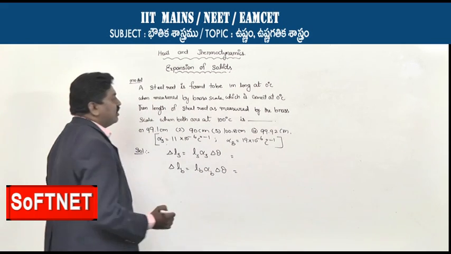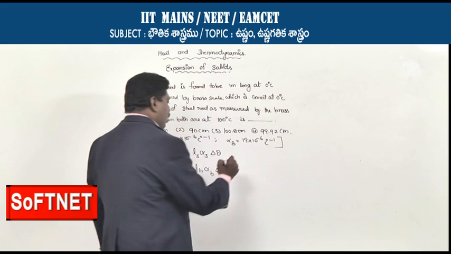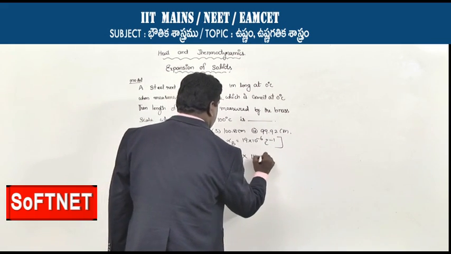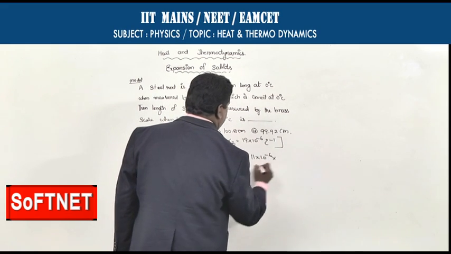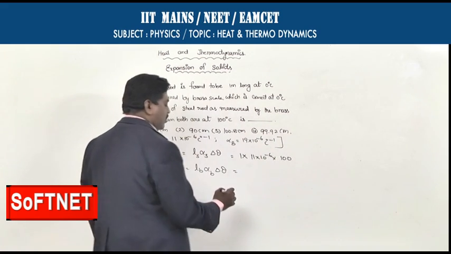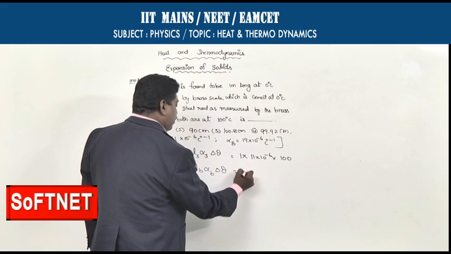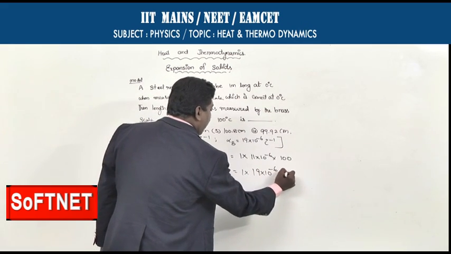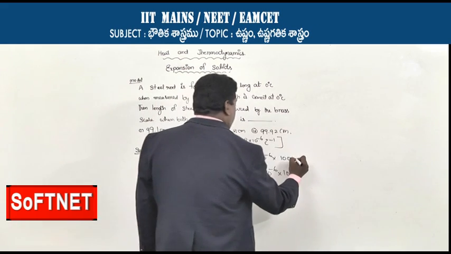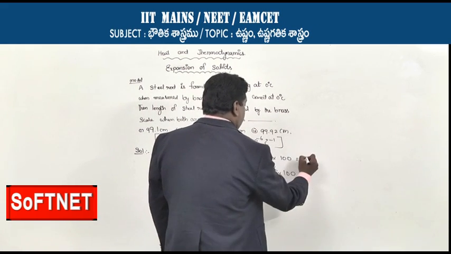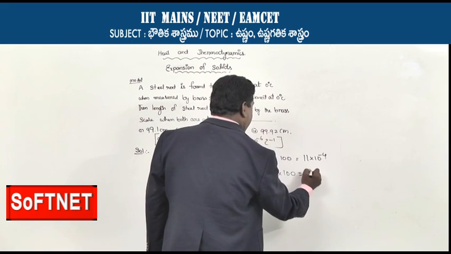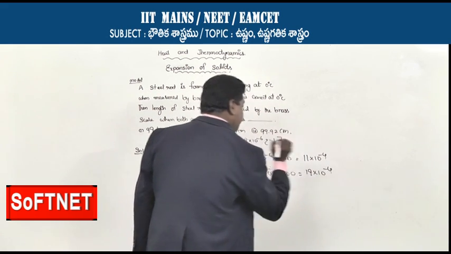Substituting the values, we have 1 into 11 into 10 to the power of minus 6 into the change in temperature, 100. Similarly, 1 into 19 into 10 to the power of minus 6 into 100. From this, we get 11 into 10 to the power of minus 4, and here 19 into 10 to the power of minus 4.